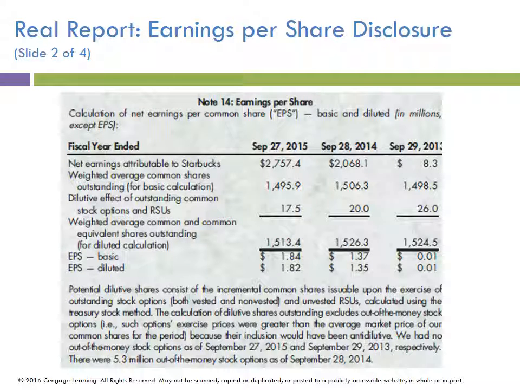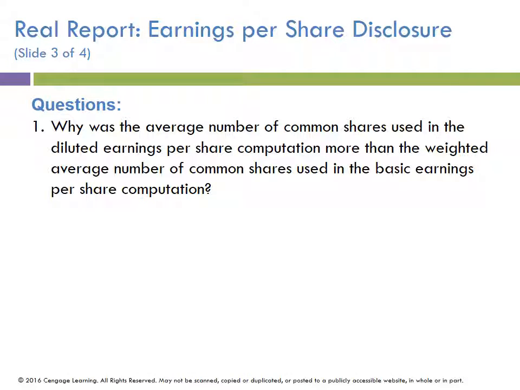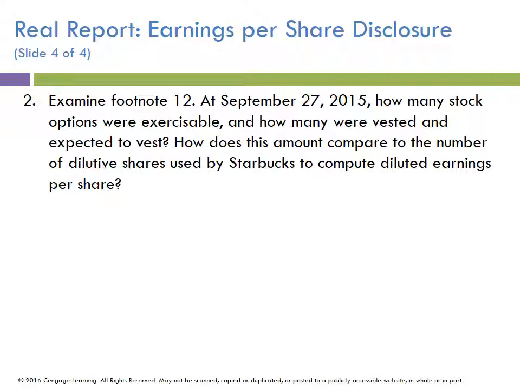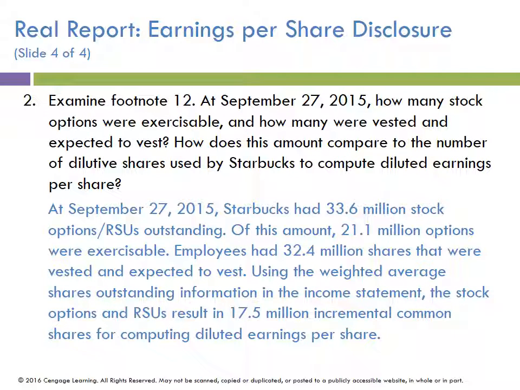Here's the note to the financial statement. You could read through that, and then there will be some questions, of course. So read through the questions. Make sure you understand how to do this calculation. If you have any questions, please post them to the discussion board. That concludes our discussion of diluted earnings per share.